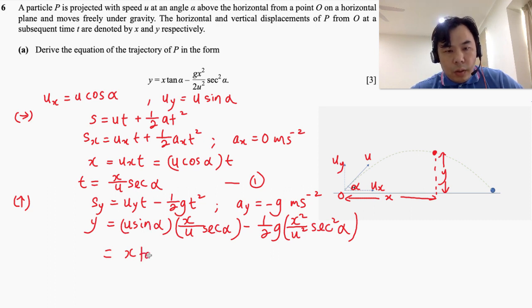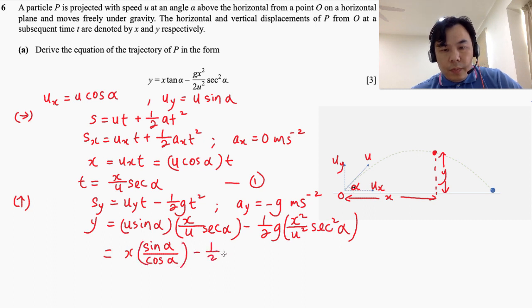Maybe I write it down clearly so that you know what is going on. So this is actually sine alpha over cos alpha minus half g x square over u square.